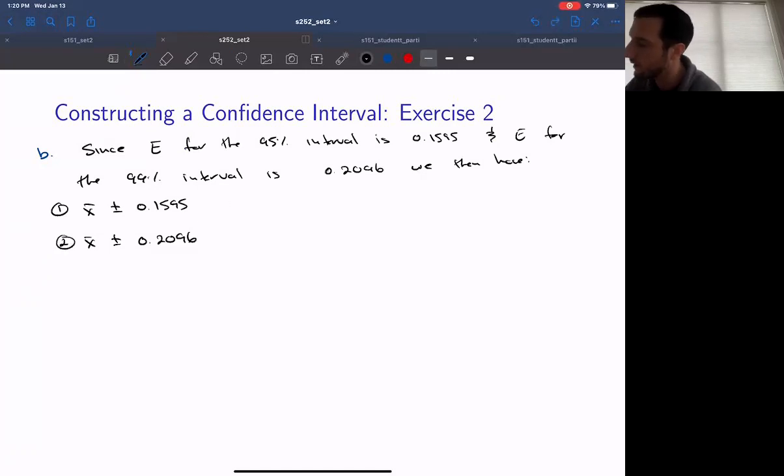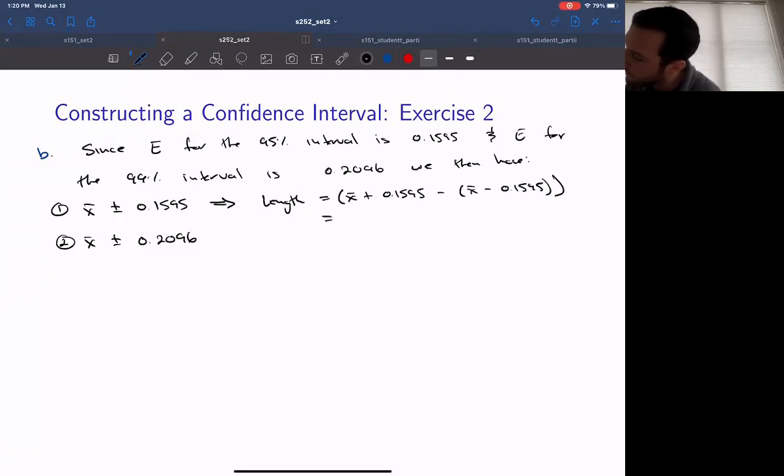Okay, well, we can explain it like this then. We know that the length of the interval is the upper bound minus the lower bound, right? So then we can say length is equal to X bar plus 0.1595 minus X bar minus 0.1595.